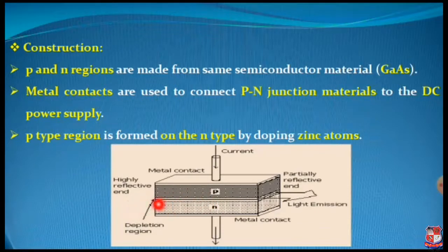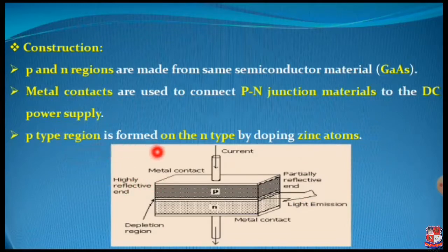In between the P and N regions there is a depletion region. You can consider this as a band gap from which there will be the emission of light. The leftmost layer is a highly reflective end, and from the output side we have the partially reflective end, from which a limited amount of light will be emitted.